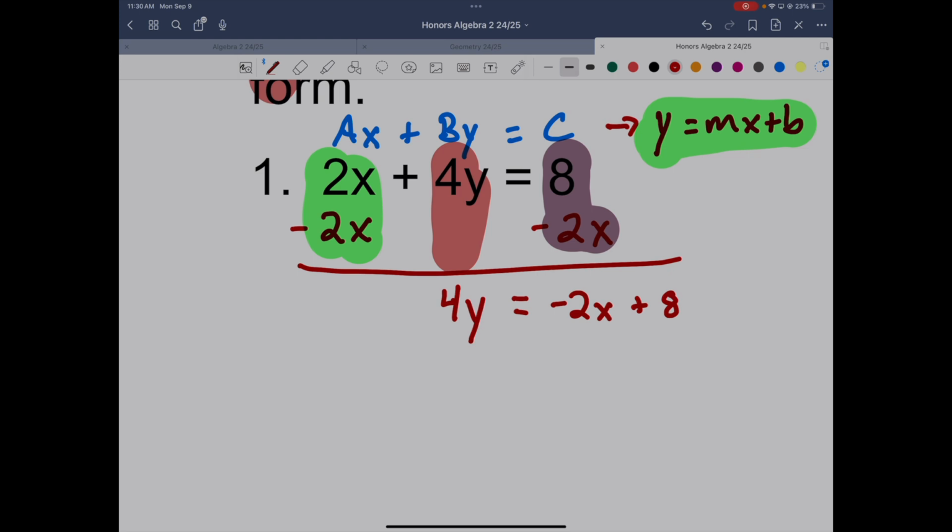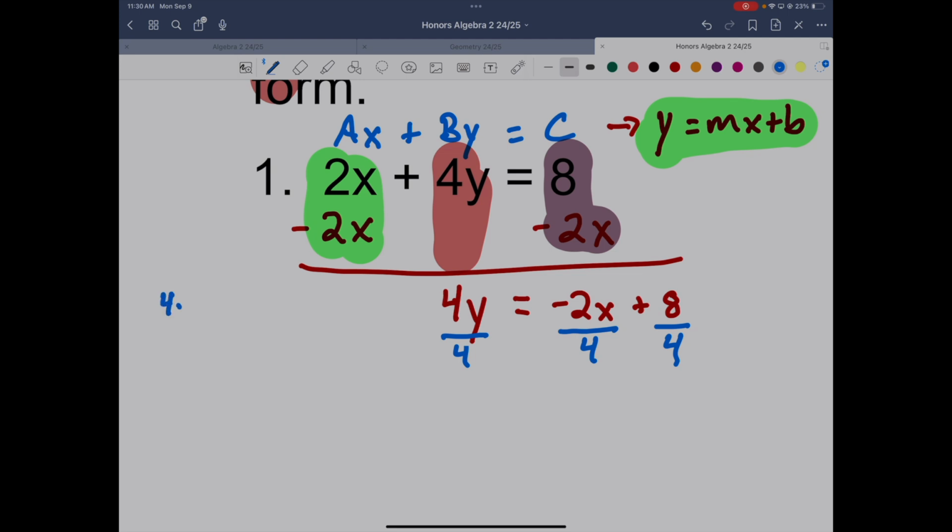How do I get rid of that 4 that's in front of the y? Divide by 4. So now I'm going to divide the left-hand side by 4, but then that means that I have to divide everything by 4. And it's very important that you write it this way.